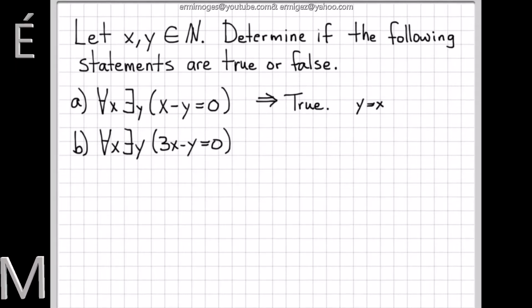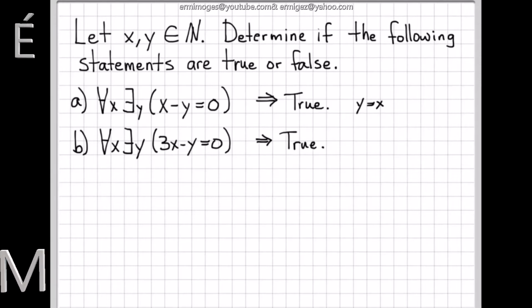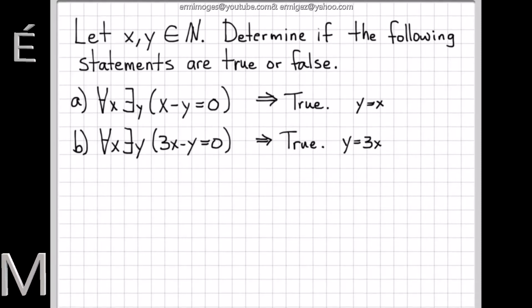Let's let x equal 7. Well then, 3 times 7 is 21, and I would just choose y to be 21. So there would exist a y such that 21 minus 21 is equal to 0. So this is always going to be true, and it's true because I would always just pick 3 times x for my value for y to show that there exists a value for y. This is a true statement.